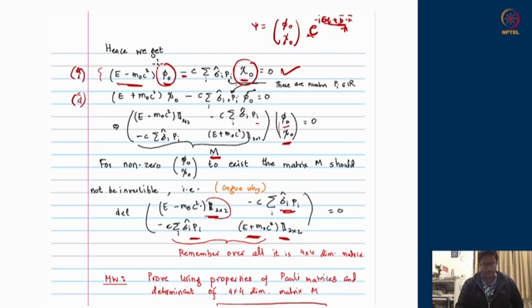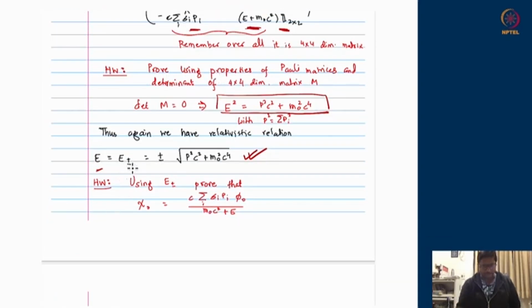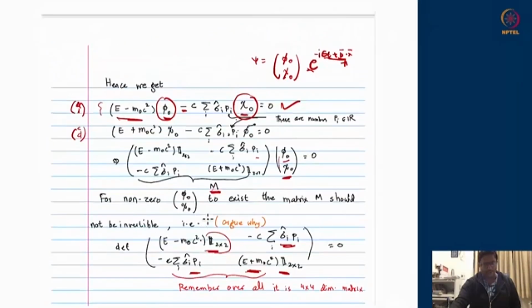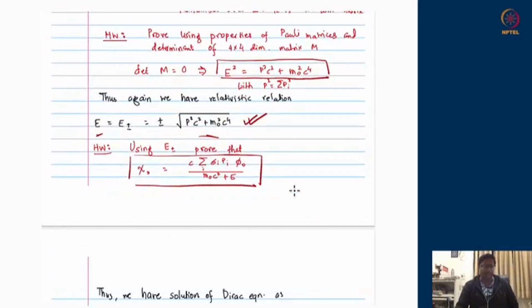The quantity on the left should be equal to the quantity on the right, and you can use the identity which we have just derived and write it like this, so that chi naught and phi naught are related like this. This is actually coming from the second equation, where you can divide the whole thing by E plus m naught c square, such that chi naught becomes this quantity divided by E plus m naught c square. So this was the exercise I was trying to propose, but now you see what it is.